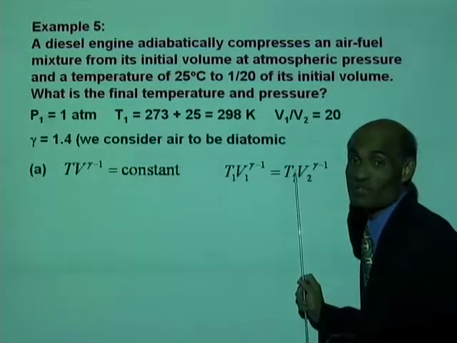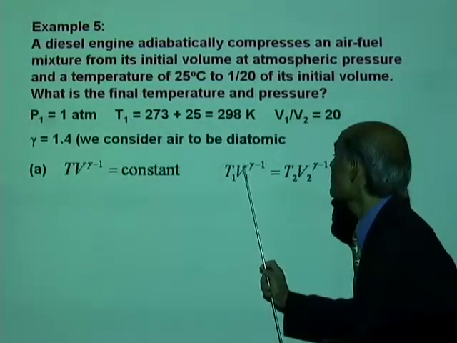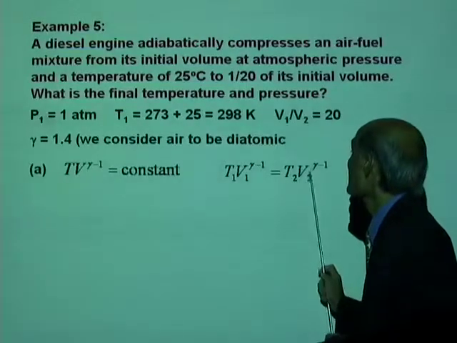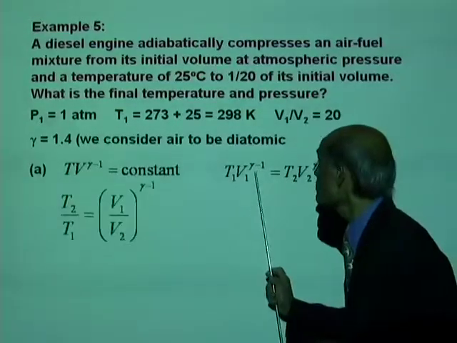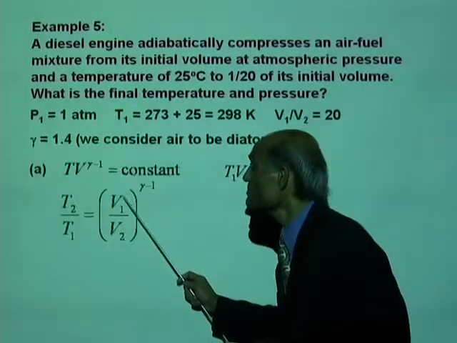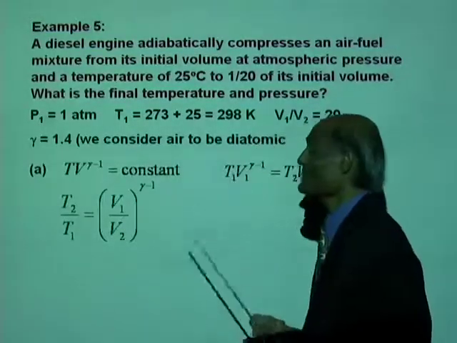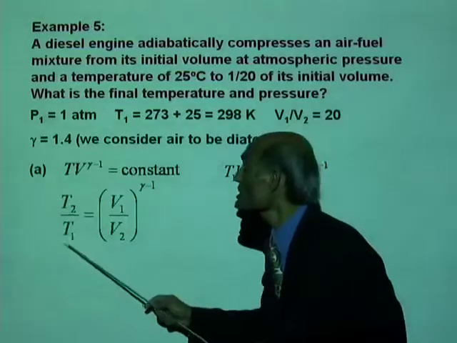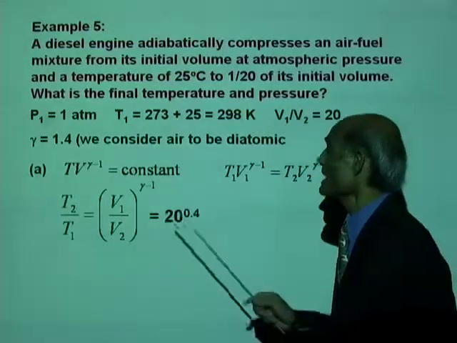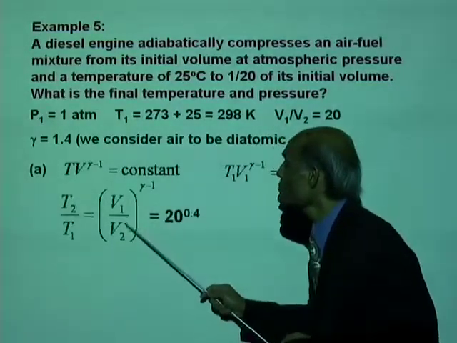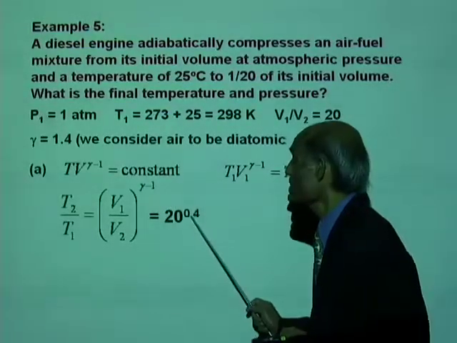T2 divided by T1 is V1 divided by V2 all to the power of gamma minus 1. We know T1, we know V1 over V2, we know gamma. V1 over V2 is 20, and gamma minus 1 is 1.4 minus 1, which is 0.4.